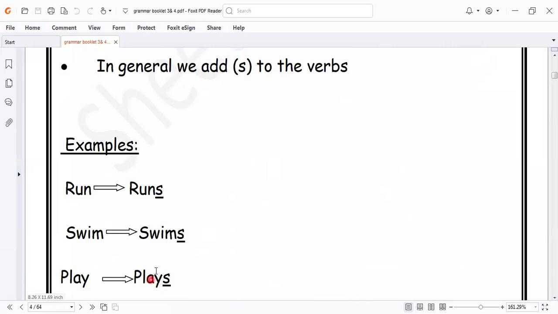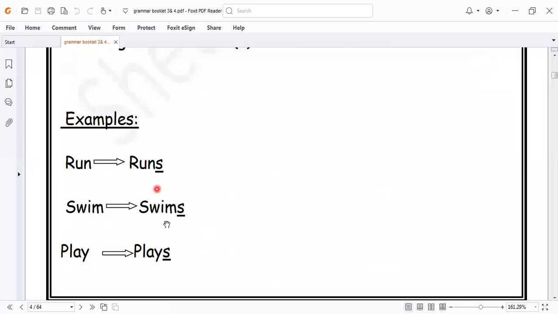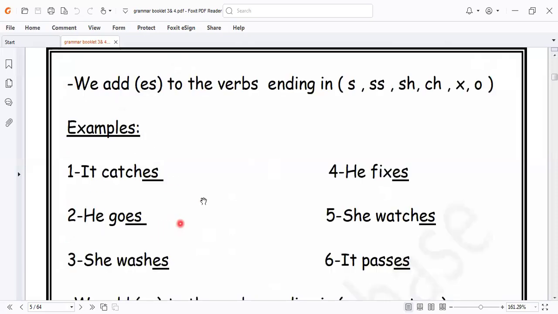The y is changed only if we have a consonant, not a vowel. Like we have here runs, swims, plays.